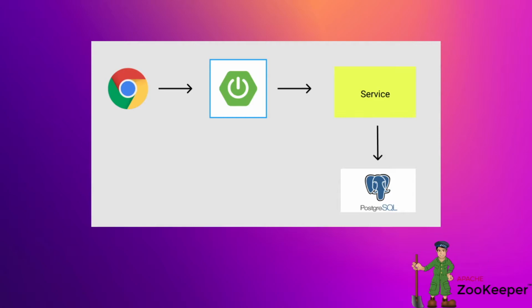In this example, this could be a Java or Kotlin or Scala application that uses Spring Boot. That in turn calls a service, so there's going to be a service class somewhere within our web application. And within that service class, it's making an update to the database. The database that we used here is Postgres SQL.